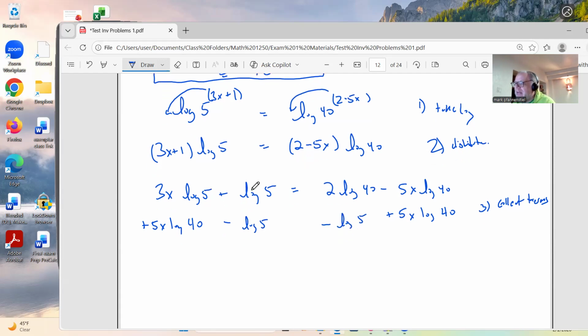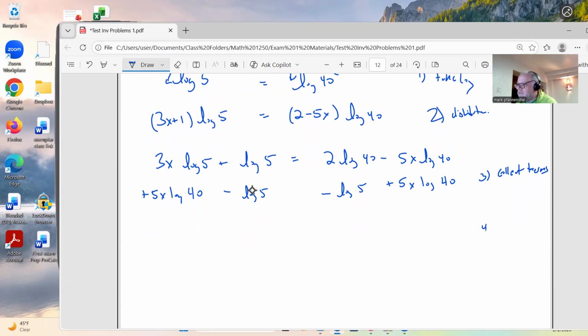All right. Now let's combine terms and figure out what we actually have here. Take inventory, or simplify.